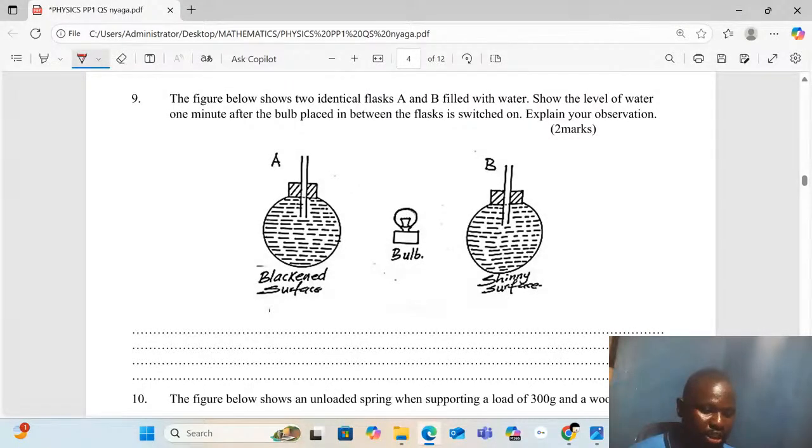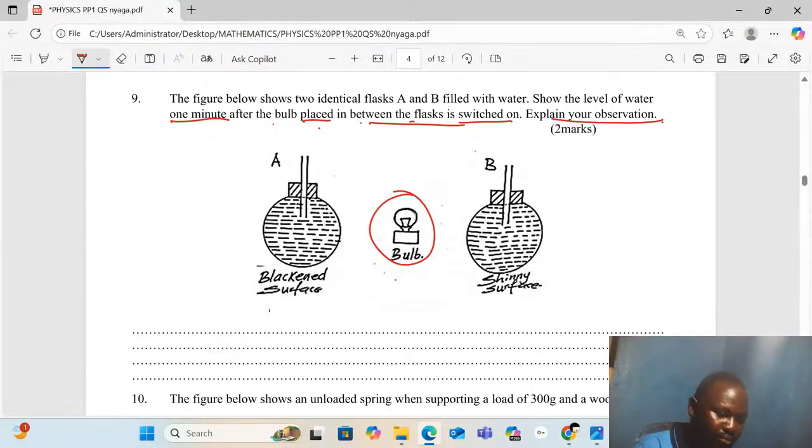Then you are told to show the levels of water 1 minute after the bulb placed in between is switched on. We are having a bulb here. Explain your answer.